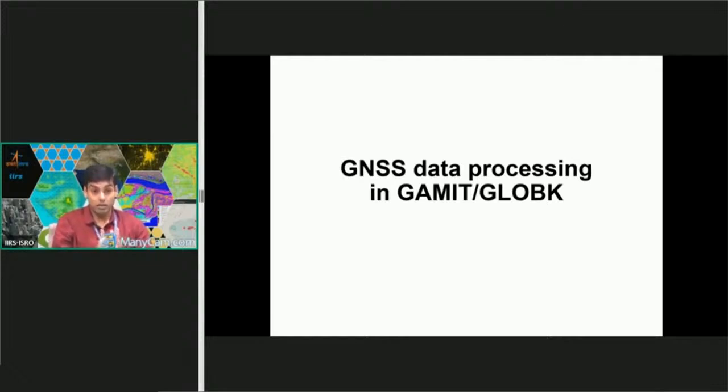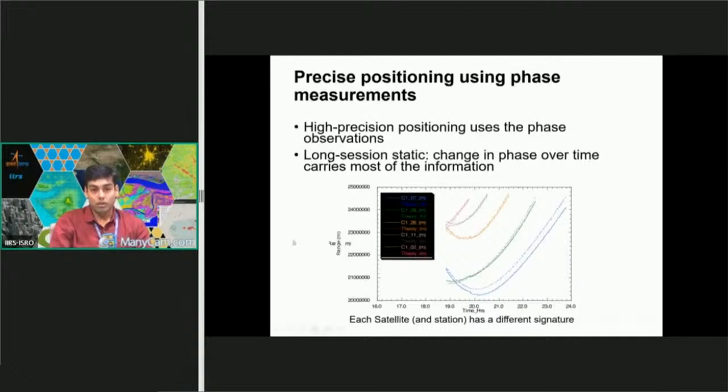This software processes only GPS plus GLONASS data. It doesn't process other constellation data. We are going to understand how it helps us and how it works to achieve sub-millimeter accuracy. This is the diagram, an estimated diagram for different satellites.